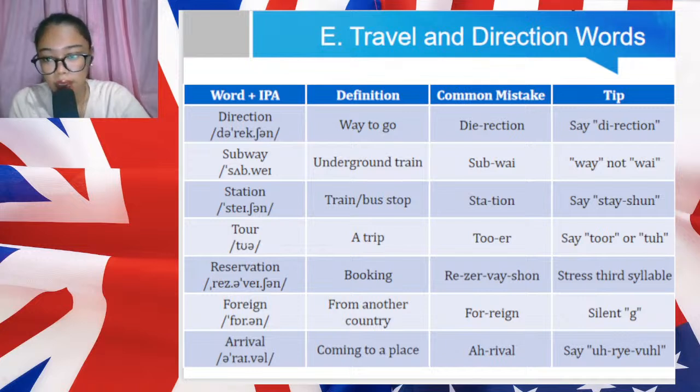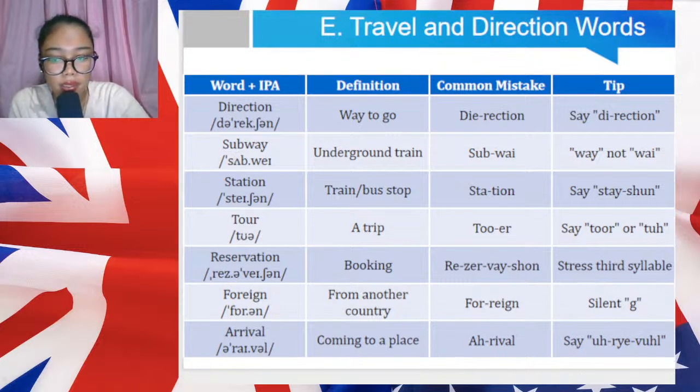All right. Next, we have subway. What is it? Subway. Now, the first syllable here, sub, has a short sound there, like cup. So this is the short sound. All right. So the second syllable is way. Very easy. There is also a diphthong here. Way. So that's a diphthong.